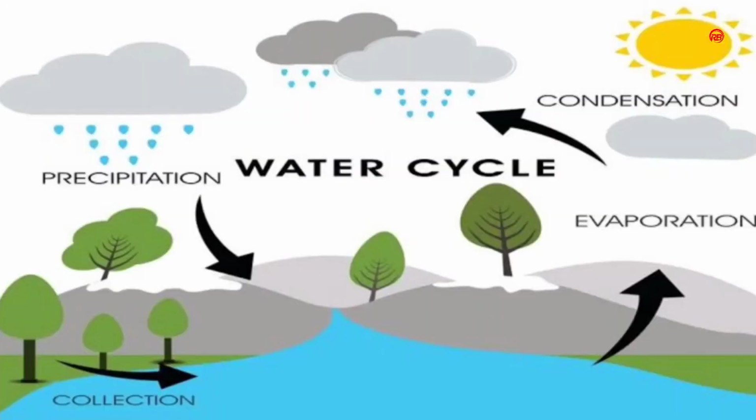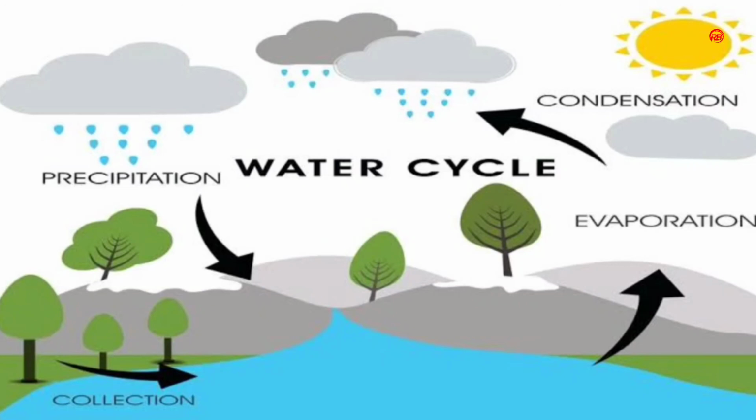And here I have given you another example, the water cycle. We all know how the water cycle happens. What is the first step, what is the second step, what is the third step, and what is the fourth step. This is your exercise.